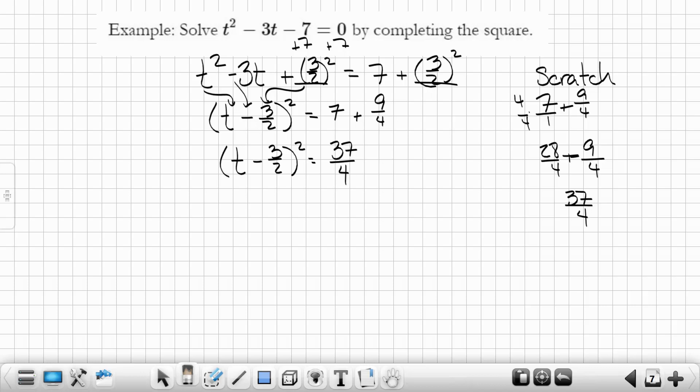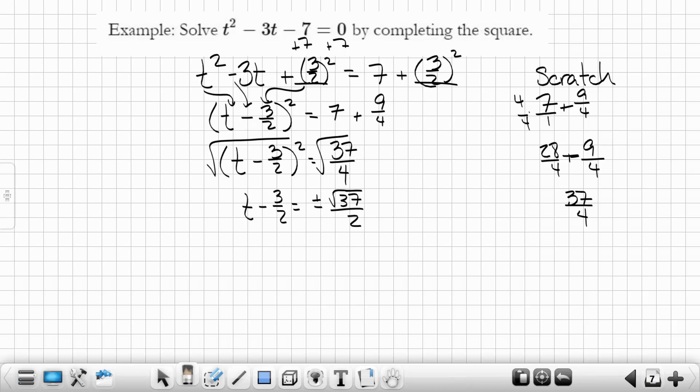Now I can start getting the t by itself. All right. I want to get rid of the square, so I'll square root both sides. Okay? Square rooted both sides.